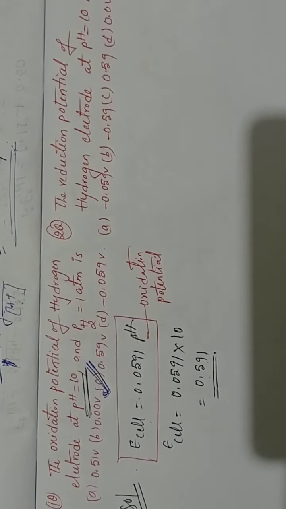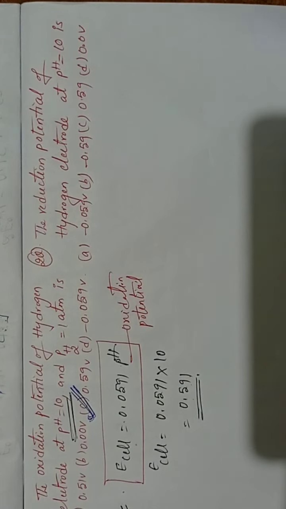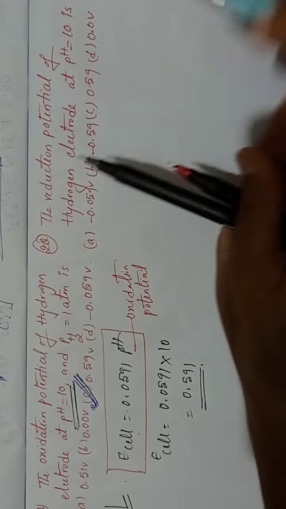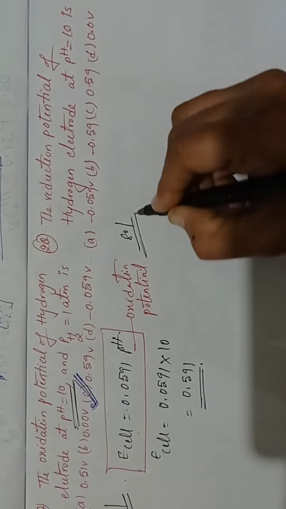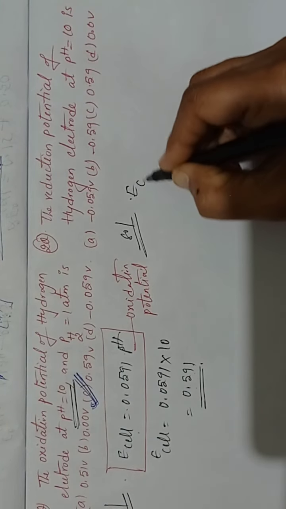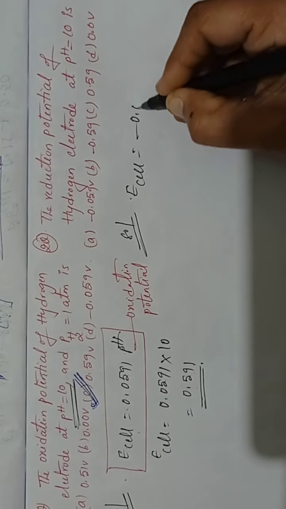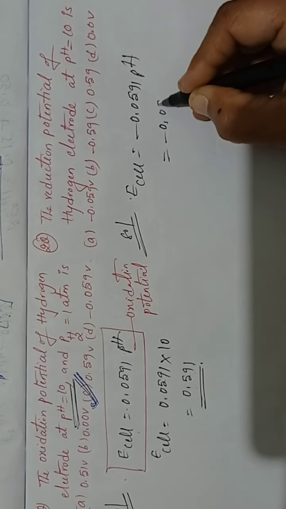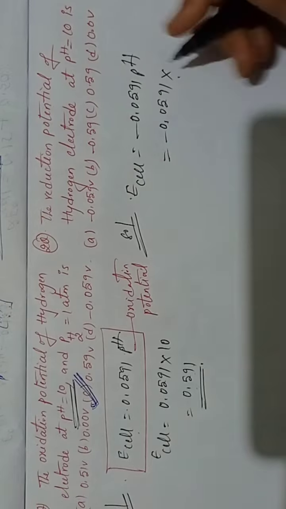Now what is the reduction potential, students? Second question, see what is asked. The reduction potential of the hydrogen electrode at pH equal to 10. It is asking for the reduction potential. What is the formula, students? For the reduction potential, just change the sign: here positive, here negative, that much only. E cell is equal to minus 0.0591 into pH. So minus 0.0591 into the pH value 10.